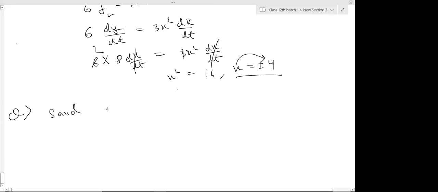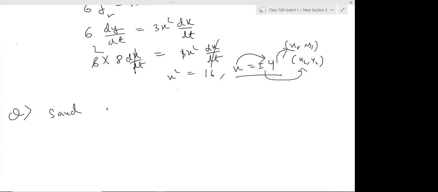So we should find y for both the cases? Yes, you have to find coordinates: x1 comma y1 and x2 comma y2. So x1 is this, x2 is this. Find y1 and y2 accordingly.